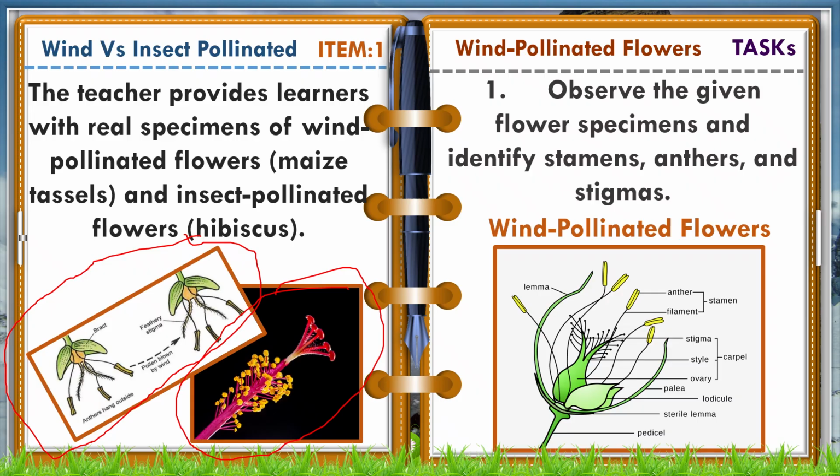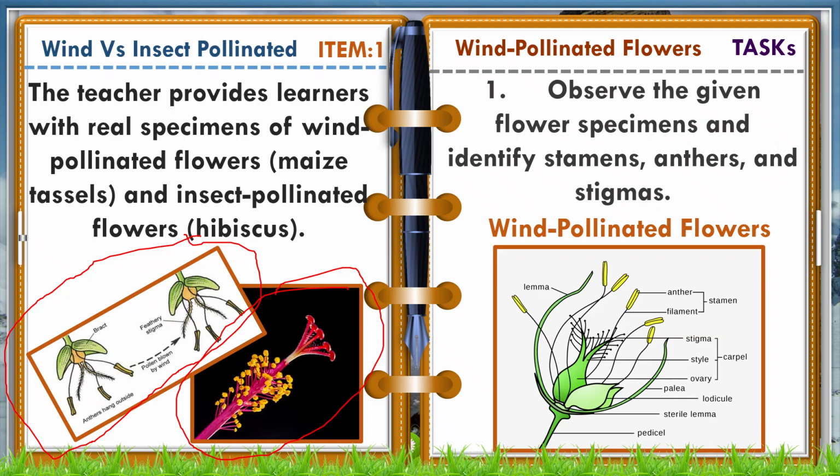Let's look at a wind-pollinated flower. You want to examine a wind-pollinated flower like a grass. This is our grass flower, it can be Panicum maximum. When you look at them, they have those structures.